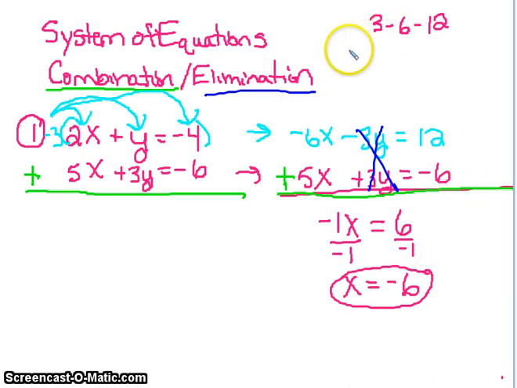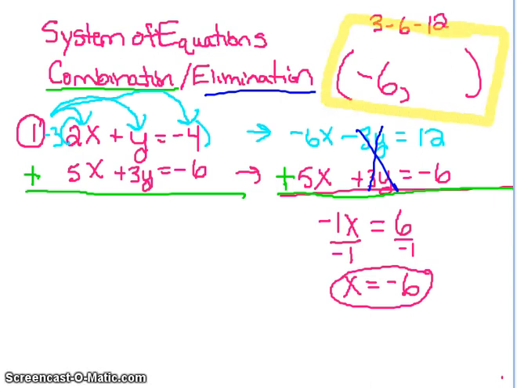I'm not done. I only have the x, and I need a y coordinate for my final answer up here. So what I'm going to do is use one of these equations. I always go for the easy one.